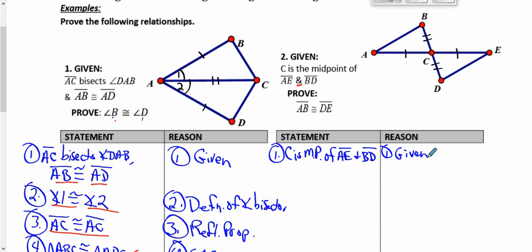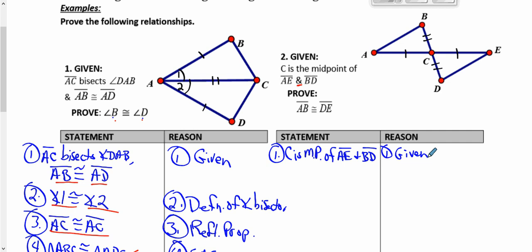Well, what's congruent in there? I marked it already, even though it's not the given. BC is congruent to CE. Yeah, and what else? AC is congruent to CE. Why would those two pairs of things be congruent to each other? So that's definition of midpoint. There we go, and I can wrap them into the same statements. It's the same reason, right?